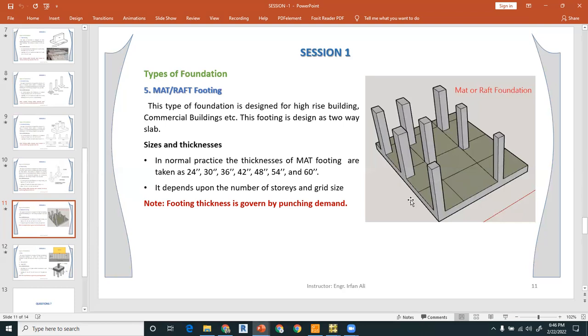So the thickness of the raft depends upon the punching demand. Right. So this was the whole story about the mat and raft foundation.